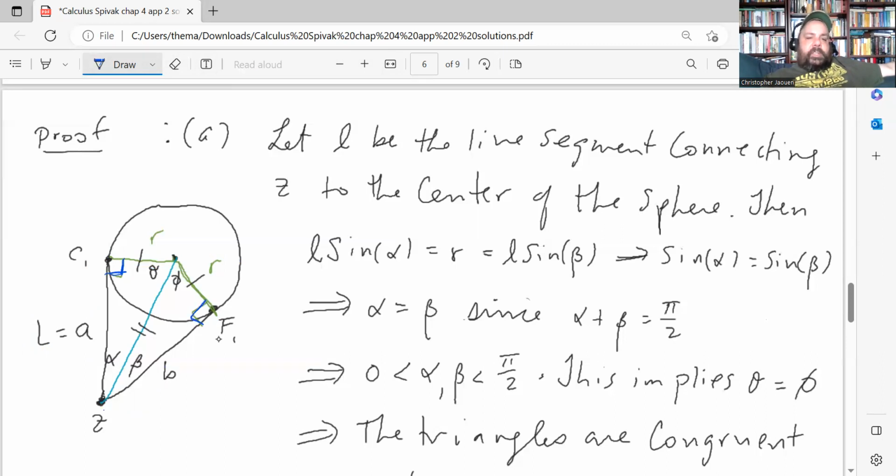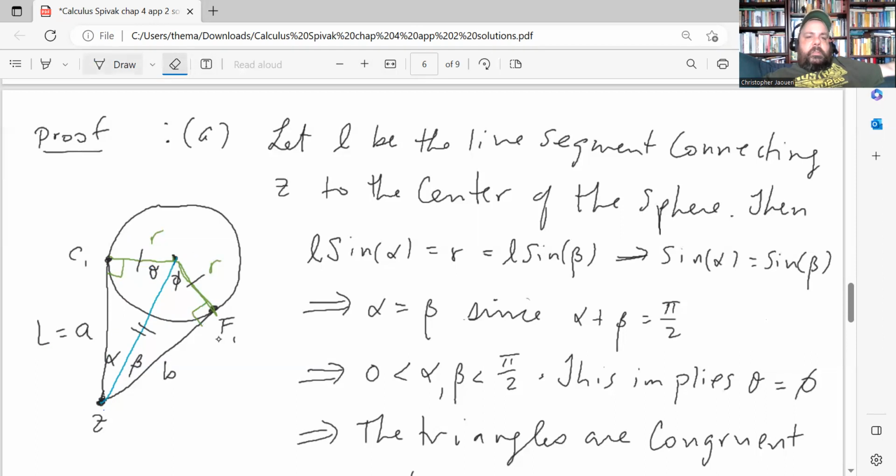And since these 2 sides here are the radius of the circle, that means that if we draw a line from the center to Z, which is this blue line that I have drawn here, we have 2 right triangles where 2 of the sides are congruent, right? This side is congruent to this side, and obviously they share the hypotenuse, so that side is congruent in both of the triangles.